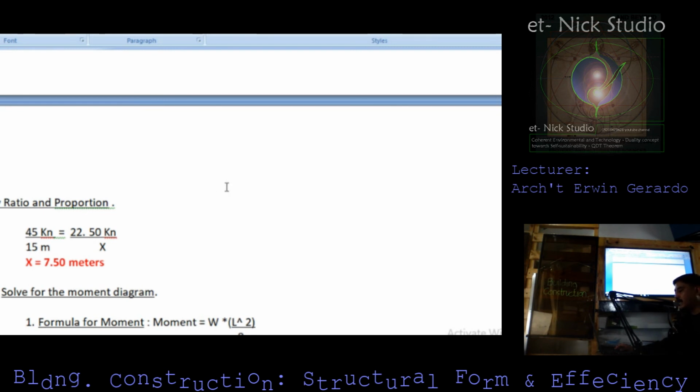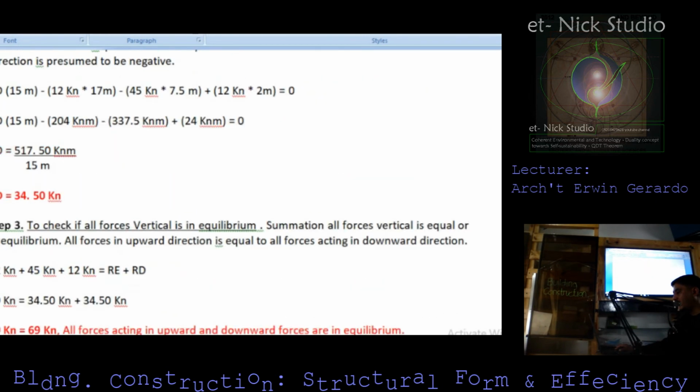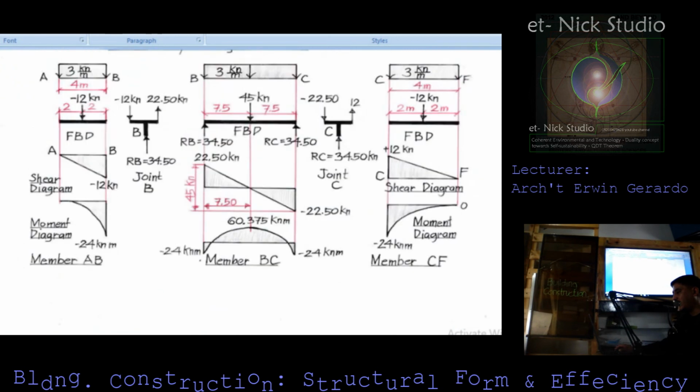So take note, 45 kilonewton is actually a right triangle, then 15 meters, then eventually by ratio and proportion 22.5, just presume the distance to be x. So this is how to determine the distance of 7.5.